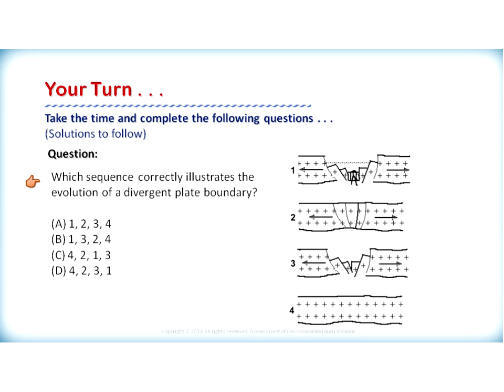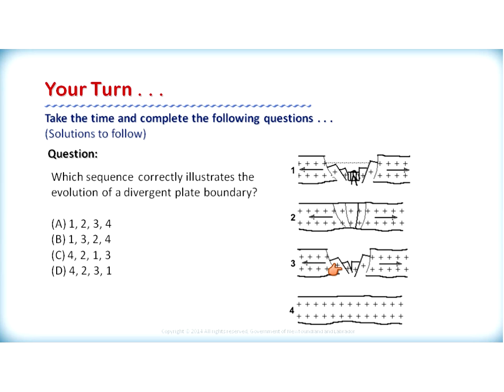Question reads, which sequence correctly illustrates the evolution of a divergent plate boundary? So if we look at a divergent plate boundary, we need to look at the evolution from a continent to the continent splitting to a ridge system being formed, overlain by ocean water. So when we look at the diagrams to the right, in the first diagram, we see a lot of normal faults, and we see water present.